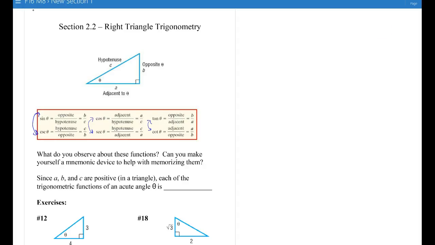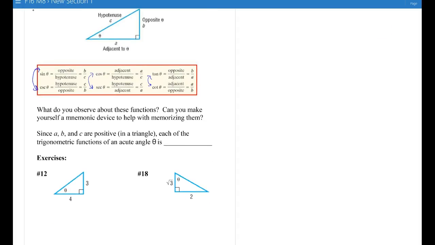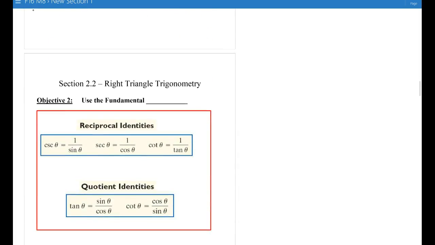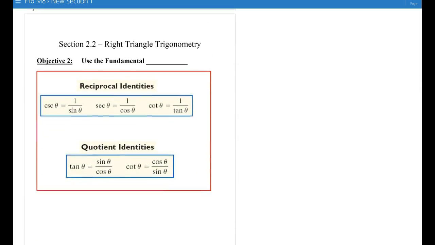Since a, b, and c are all positive, each of the trigonometric functions of an acute angle has a positive value, but note that that won't always be the case. In trigonometry, we will be defining how you can have a negative number for your cosine, but we'll talk more about that. We'll do these exercises together in class. So let me move on to use the fundamental identities.